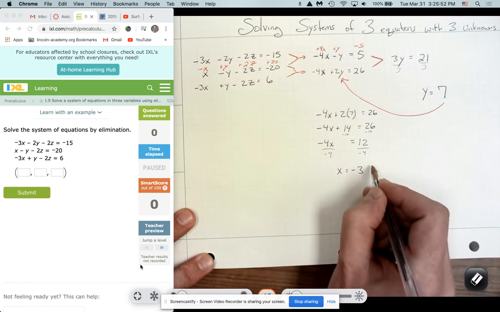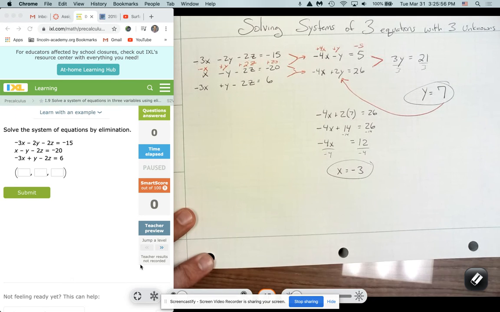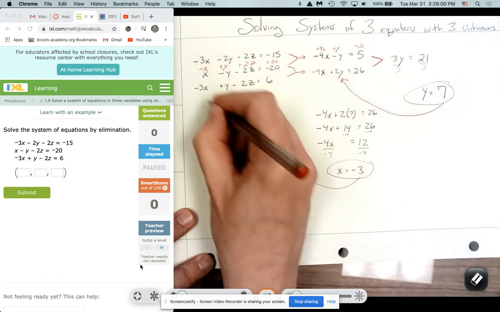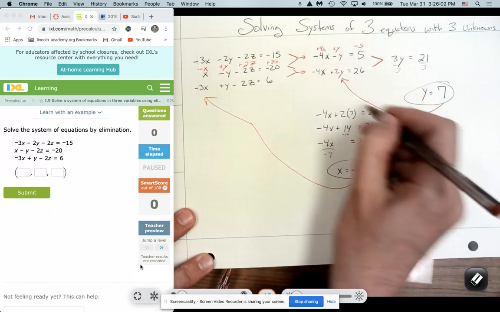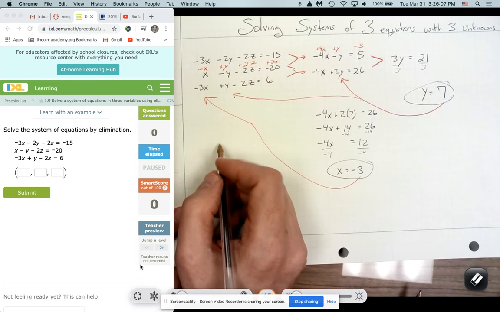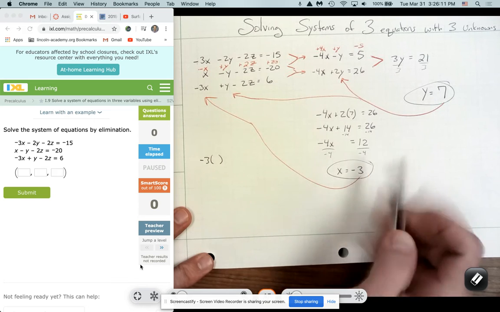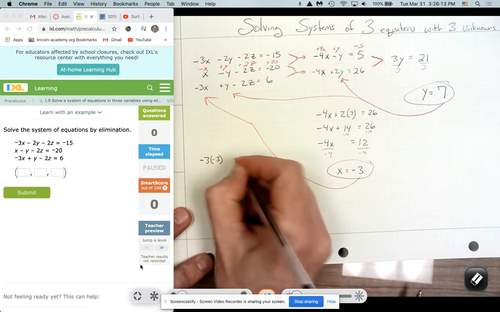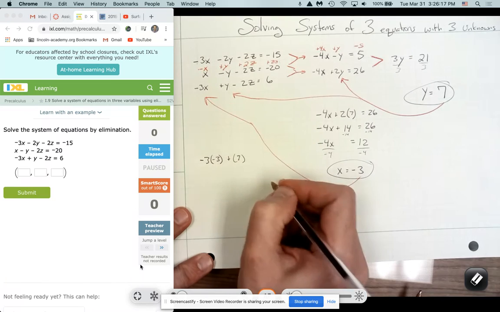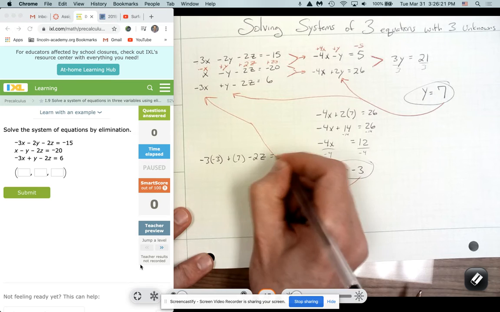So now I have my x value, I have my y value. Now I'm going to plug those two values back into one of my original equations for x and for y and find my z value. So I'm going to go negative 3 times, what was x? Negative 3, plus my y value, which was 7, minus 2z equals 6.